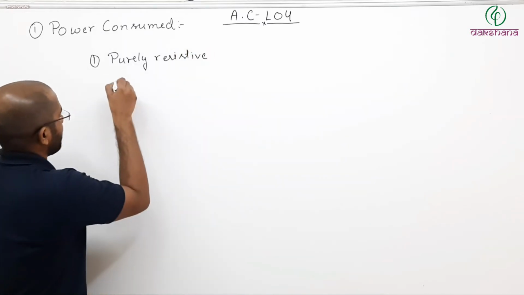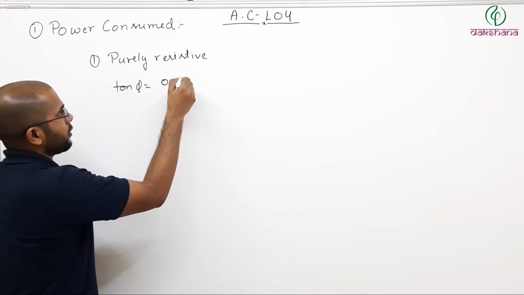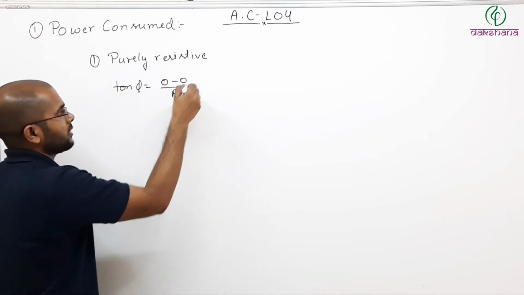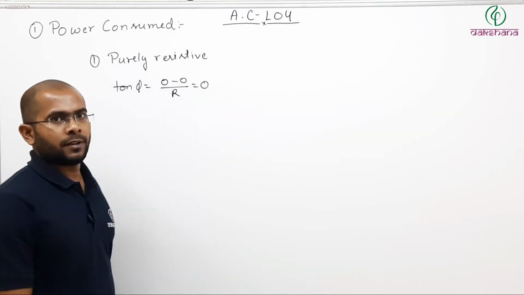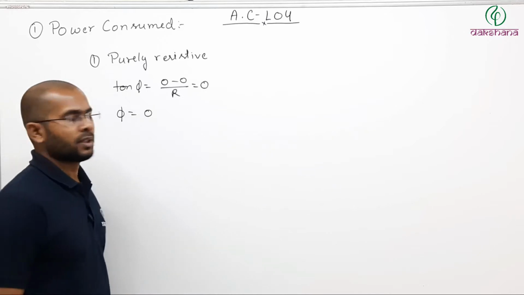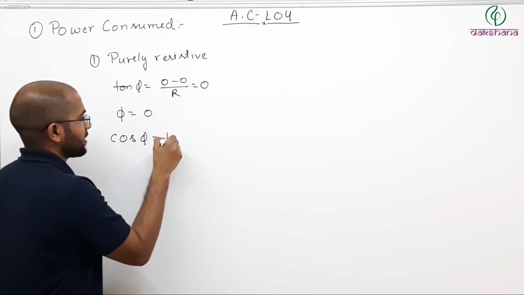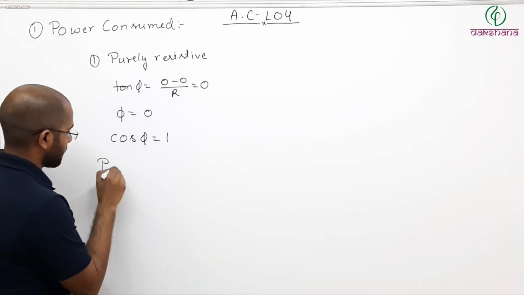What is tan phi? Tan phi is X, which is 0, divided by R, which is 0. So if tan phi is 0, phi is 0. If phi is 0, then cos phi is 1.